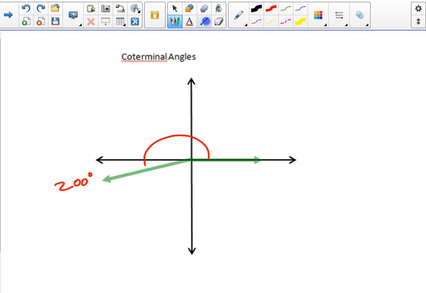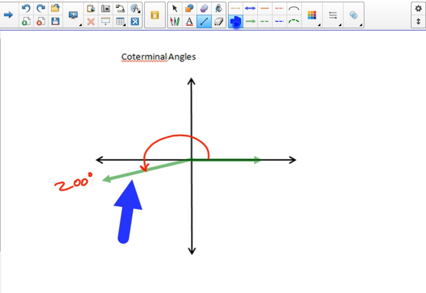That's from here past the 180 mark by about 20 degrees. Well, that is just one way to end up in that position. Let's come up with another way, with a different arrow, in some other color.